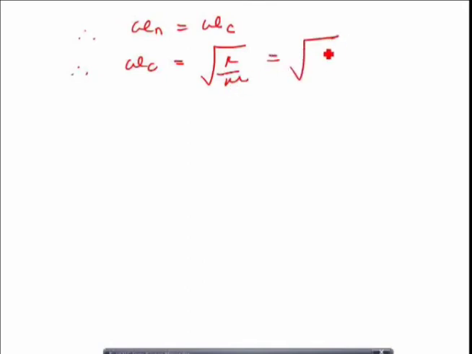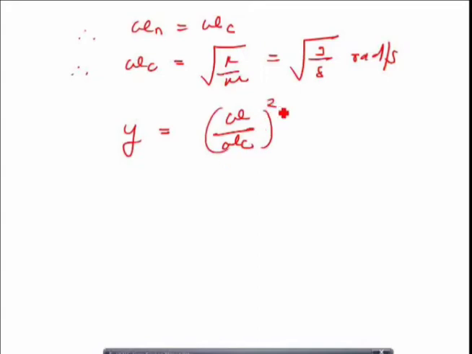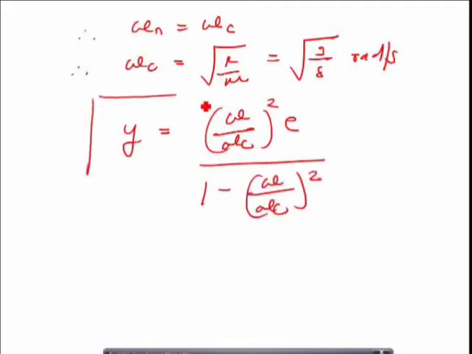You can define that the speed at which resonance occurs is called the critical speed. Okay, so I can write that the critical speed or the working speed of the shaft is given by omega n is equal to omega c. So therefore your omega c is obviously equal to omega n, that is square root of k upon m, that is square root of g upon delta, radian per second. So now I can modify this equation as y is equal to (omega upon omega c) bracket square into e, because omega c is equal to omega n, divided by 1 minus (omega upon omega c) bracket square, with the square root complete.